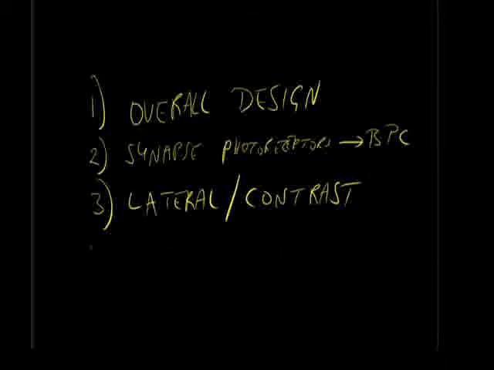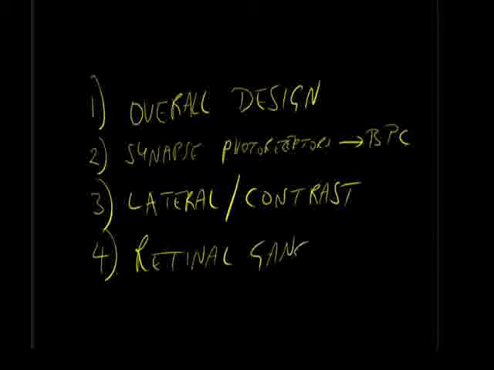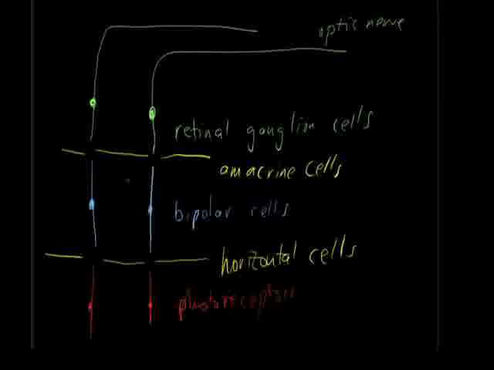The next topic we need to look at is the retinal ganglion cells. We've looked at the bipolar cells, you've done photoreceptors before, so now let's look at the retinal ganglion cells.